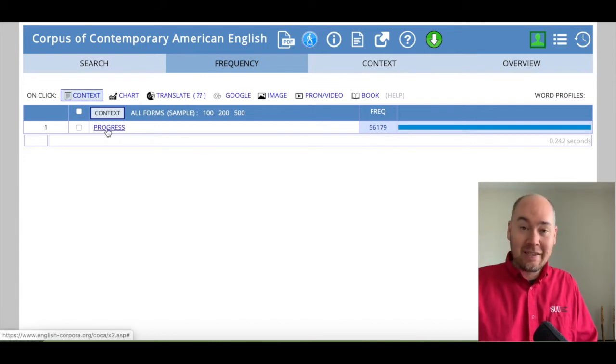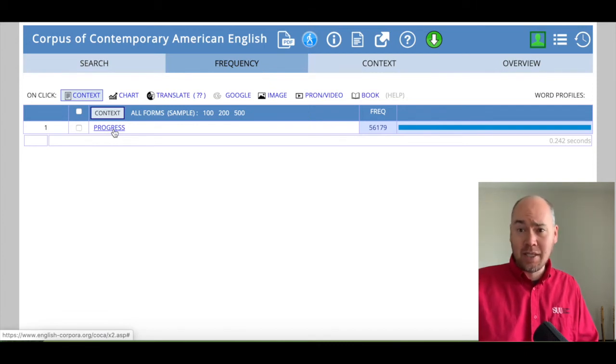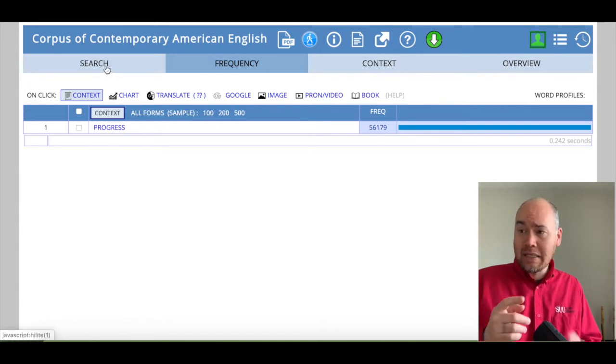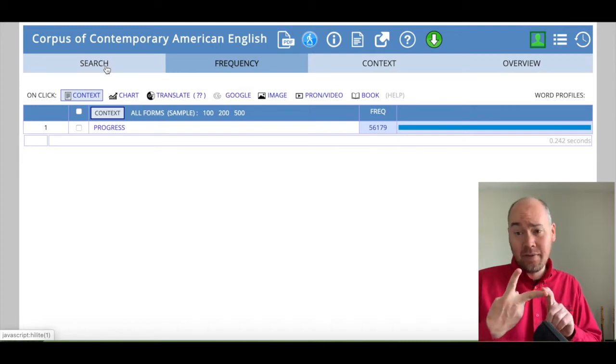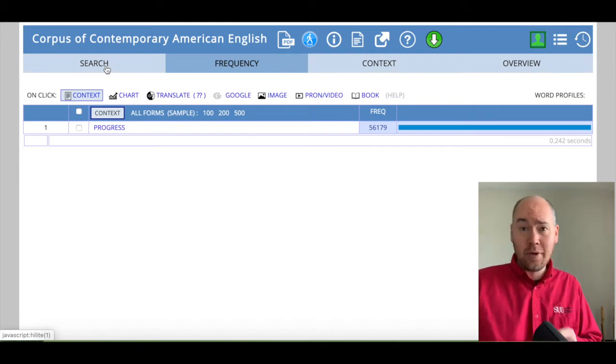That tells me that progress, the noun, is much more common than progress, the verb, and it's not even really close. The noun is much, much more common. It's more than 10 times as common. Okay, so that's interesting. That tells me, yes, it is a noun, and yes, it is a verb, but the noun is much more normal.